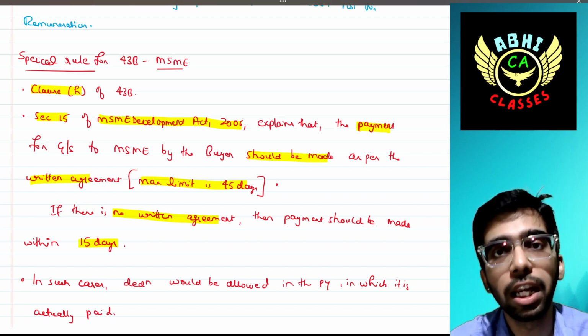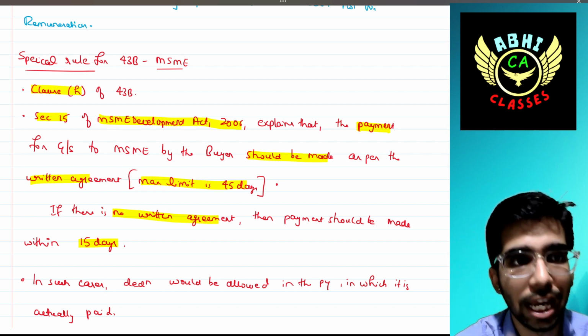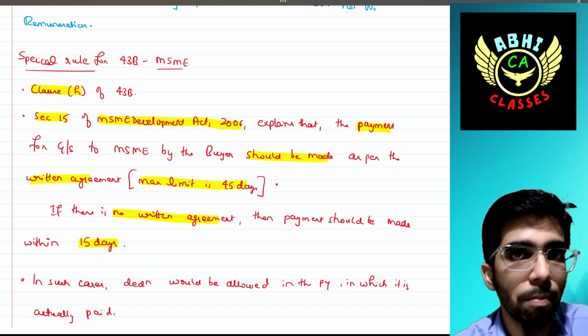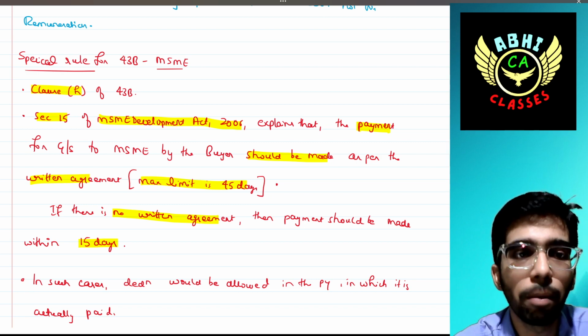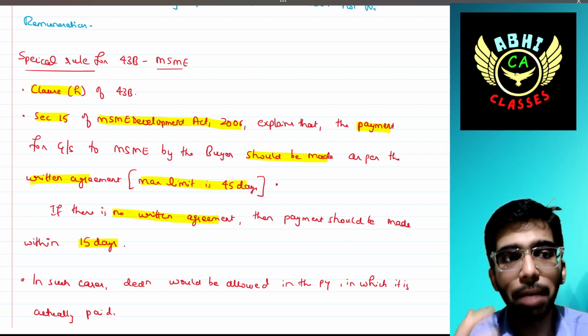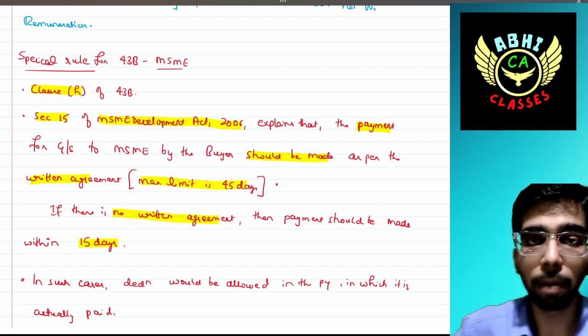For MSME, they have brought a new concept in this chapter, clause H of 43B. This applies only to MSME, that is micro, small and medium enterprises. Section 15 of the MSME Development Act 2006 explains the payment for goods and services to MSME by the buyer.